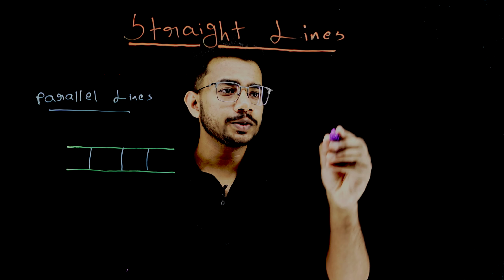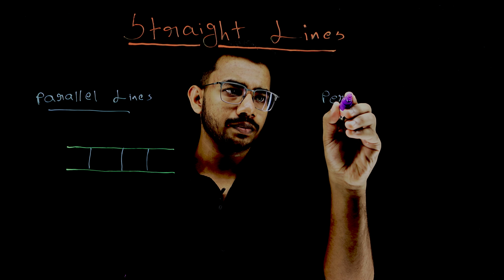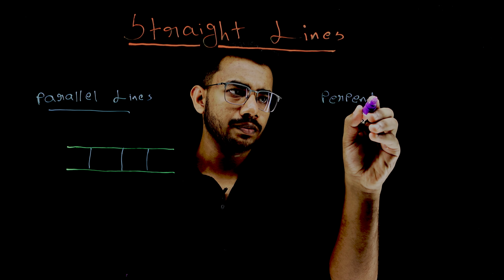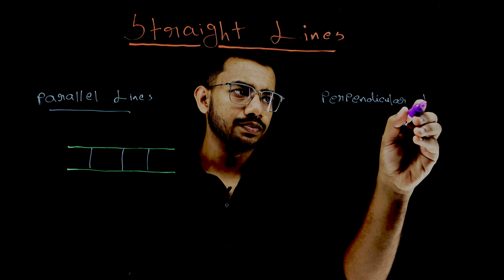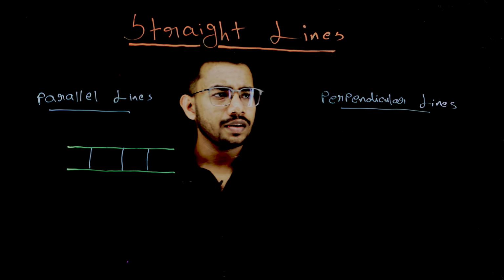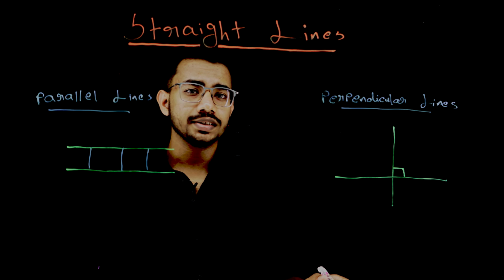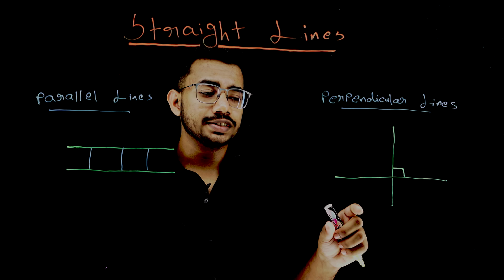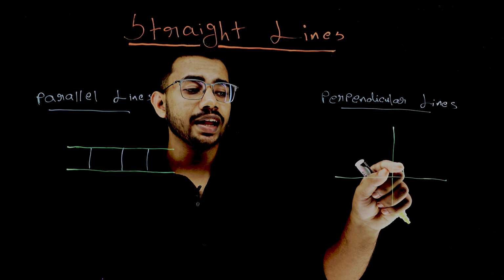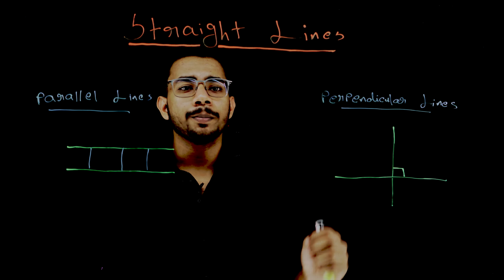Now the next one is perpendicular lines. For that, let's consider two lines. Here I have two lines, and any lines that cut each other in such a way that they make a 90-degree angle at the point of intersection are called perpendicular lines.